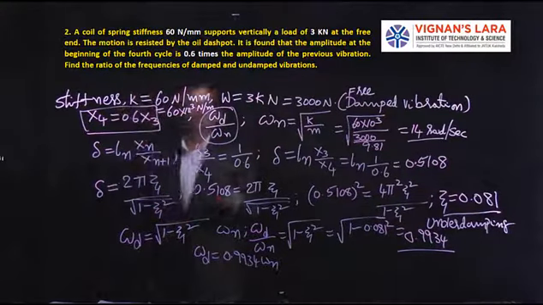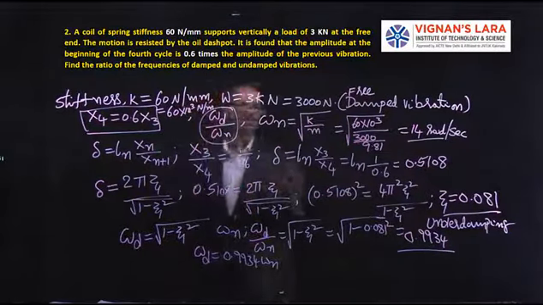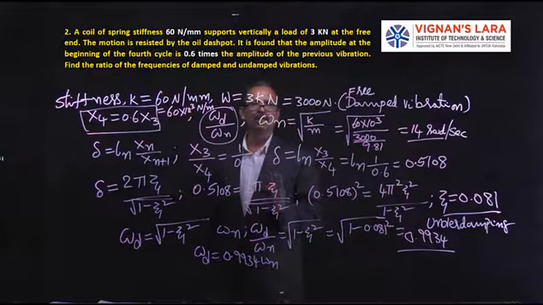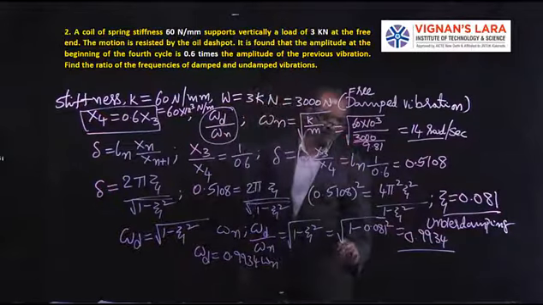My objective is to find the ratio of the damped frequency to the natural frequency, that is, the undamped frequency. It is not stated what the natural frequency is, but an undamped vibration is a free undamped one. So this is free damped, and there is another one called free undamped.